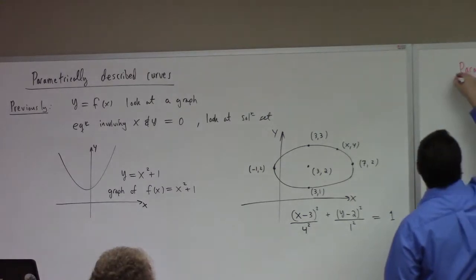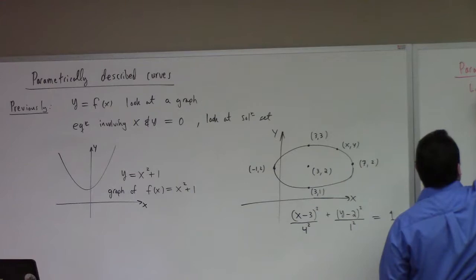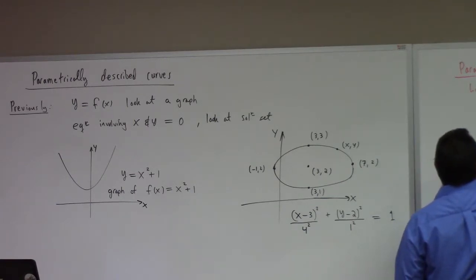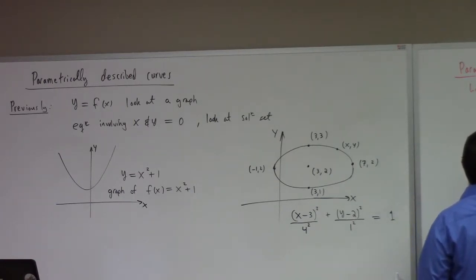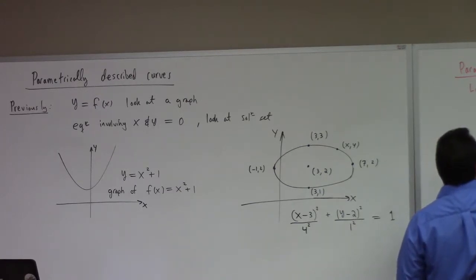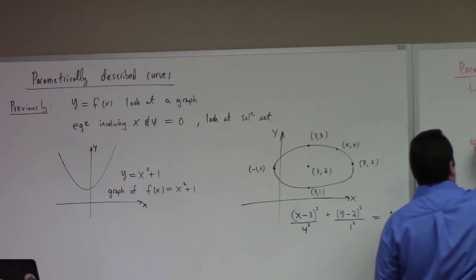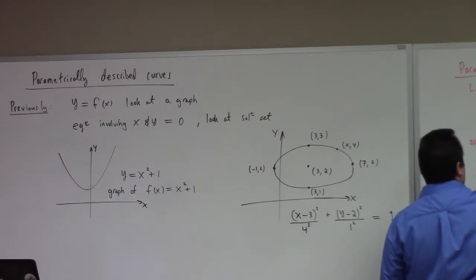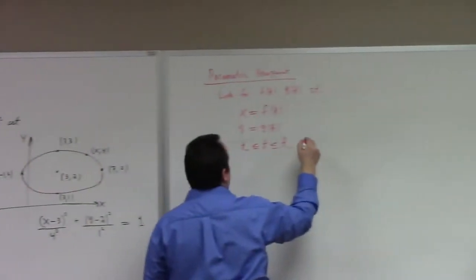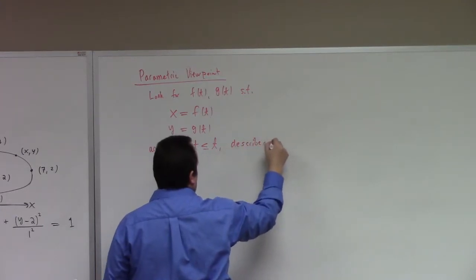The parametric viewpoint says if you want to describe a curve, then you look for f of t, let's say, and g of t, such that x equals f of t, and y equals g of t, as t naught is less than or equal to t, less than or equal to t1, describes the curve.